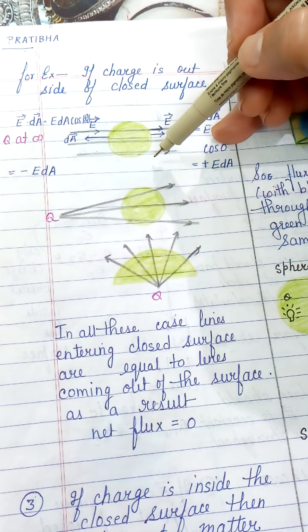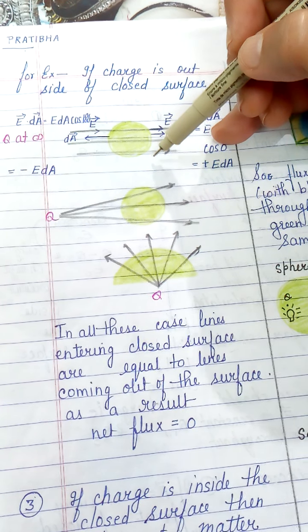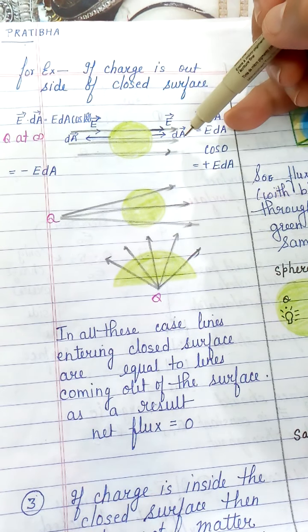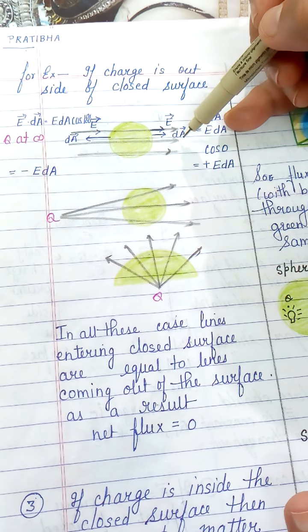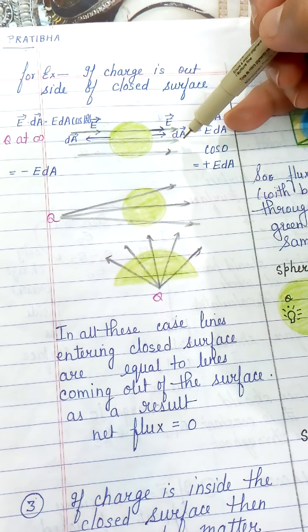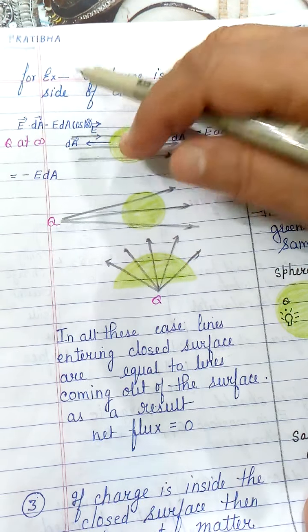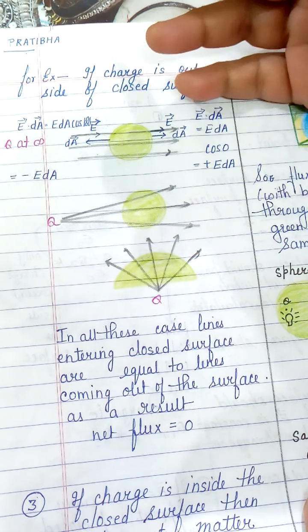That means if the charge is outside the closed surface, the situation will always be that the flux entering and the flux exiting will be the same, and they will result in zero flux. So see here, the electric field is not zero, but the net flux associated with the area is zero.